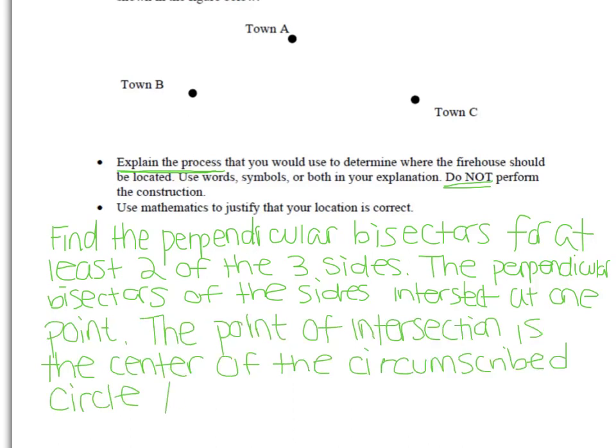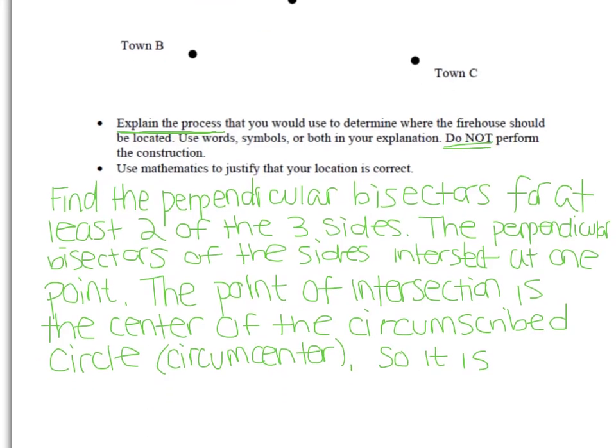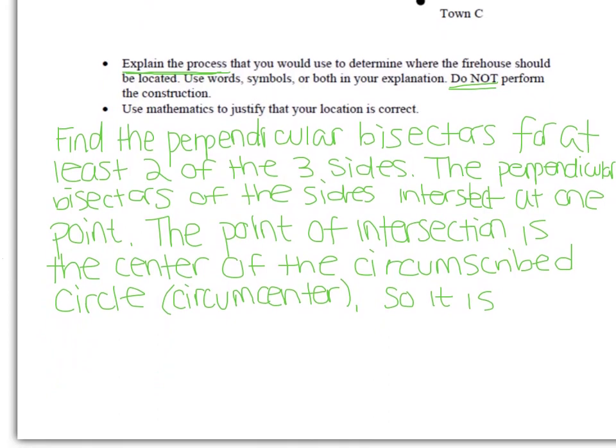Remember that this is called the circumcenter. So it is equidistant from the 3 vertices. This would be a good enough explanation.